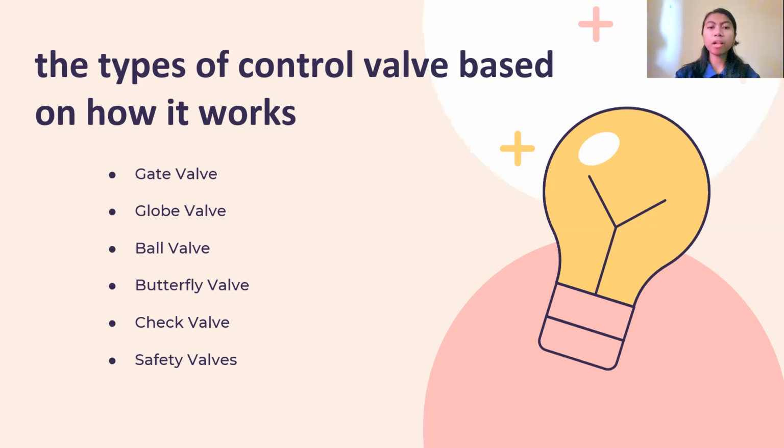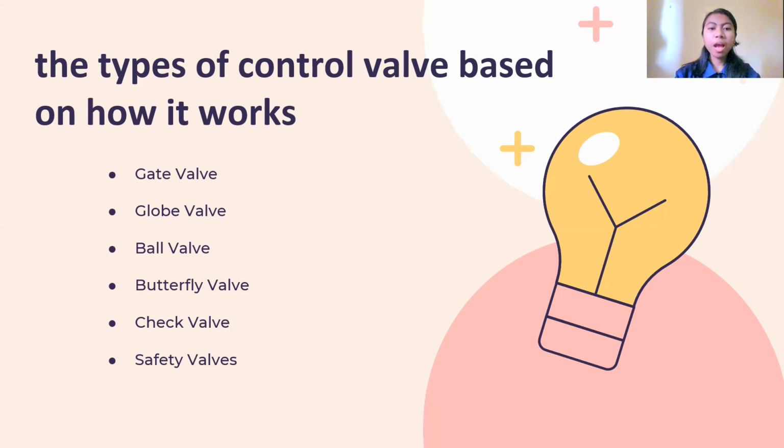5. Check valve. The way the check valve works is that when the flow is in its forward direction, the flow will push open the disc or plug. While if there is an opposing flow, the plug will be closed. So there will be no backflow into the pipe. 6.